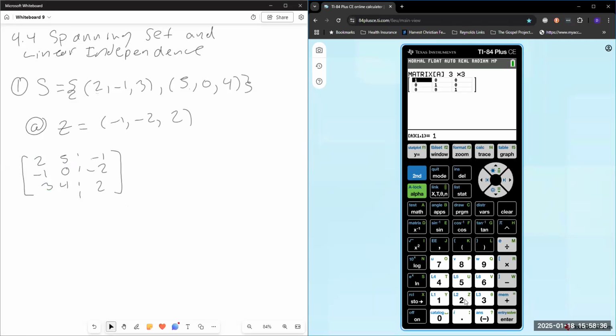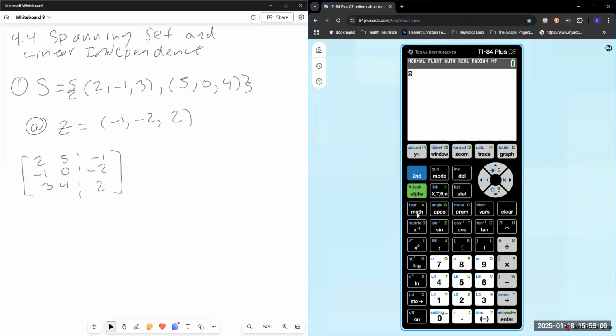And we've got 2, 5, -1, -1, 0, -2, and 3, 4, 2. So 2, 5, -1, -1, 0, -2, 3, 4, 2.